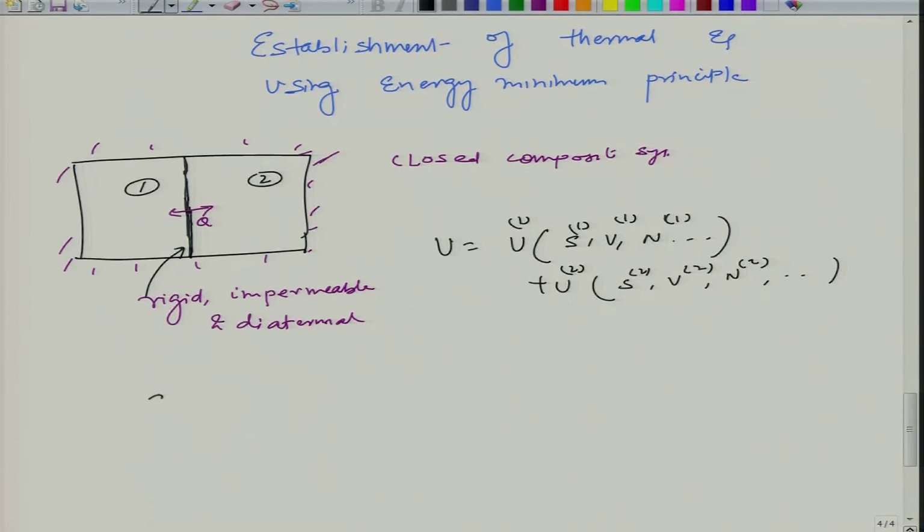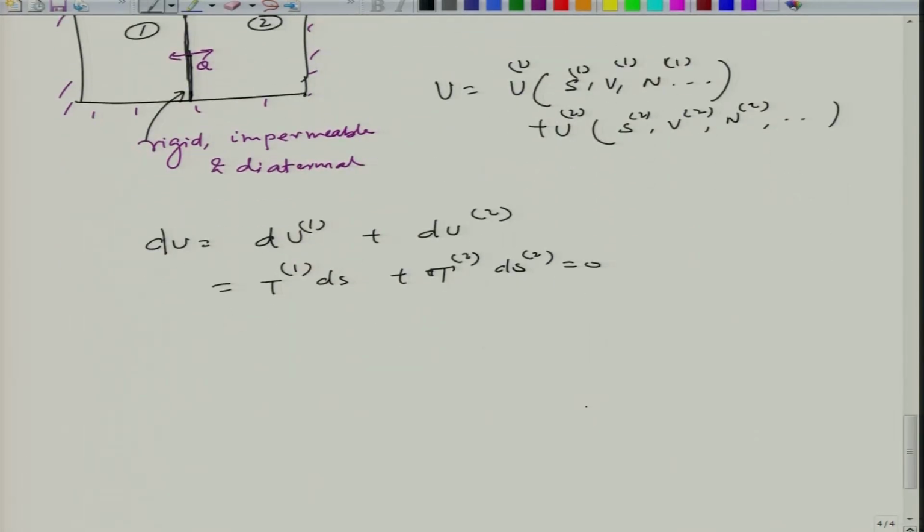So, we can write dU as dU1 plus dU2, and since we are saying that the only contribution is through the heat, the change in the internal energy for 1 and 2 correspond to the heat, and we can write it considering it is an equilibrium process, a slow process. We can write this directly as this. Okay. So, this is something which we can write. Now, this has to be 0 because total energy is constant. Okay.